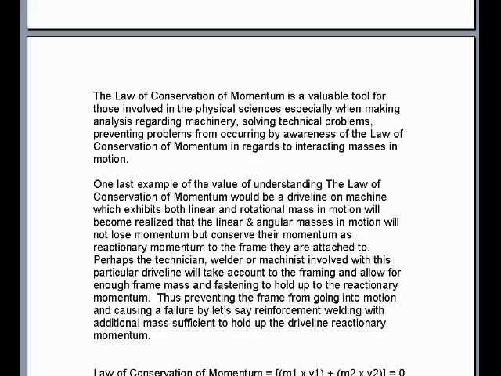Perhaps the technician, welder, or machinist involved with this particular driveline will take into account the framing and allow for enough frame mass and fastening to hold up to the reactionary momentum, thus preventing the frame from going into motion and causing a failure by, let's say, reinforcement welding with additional mass sufficient to hold up to the driveline's reactionary momentum.